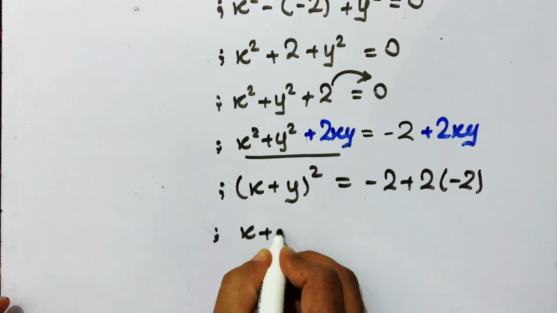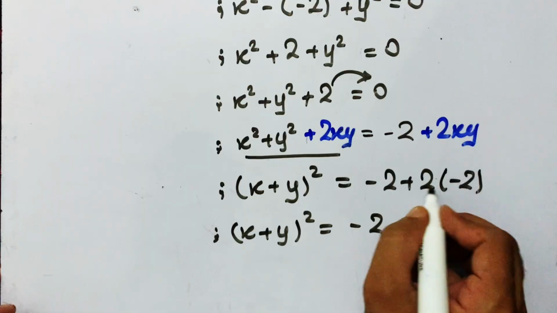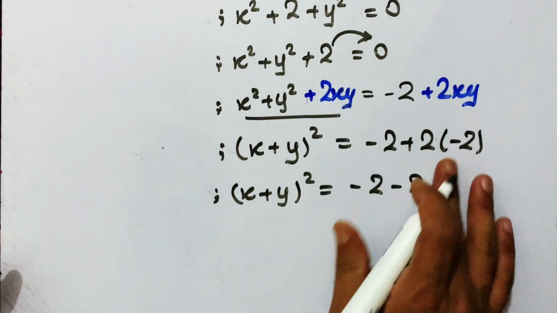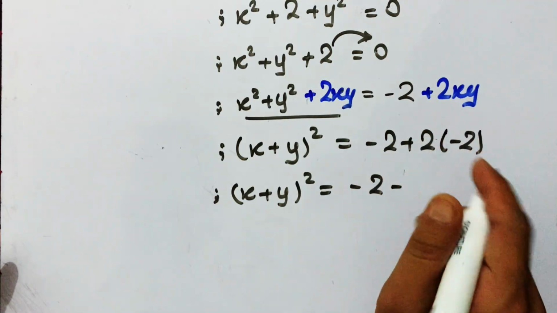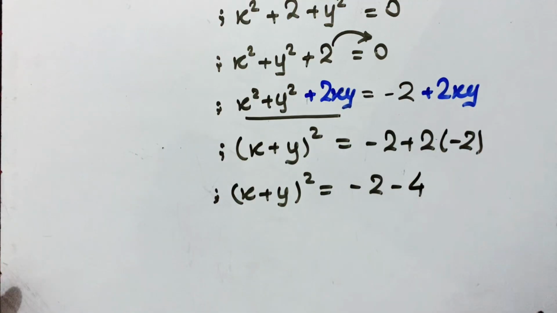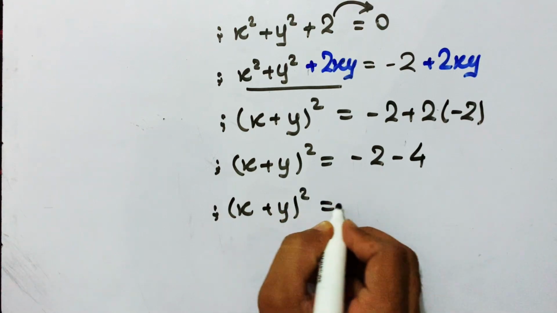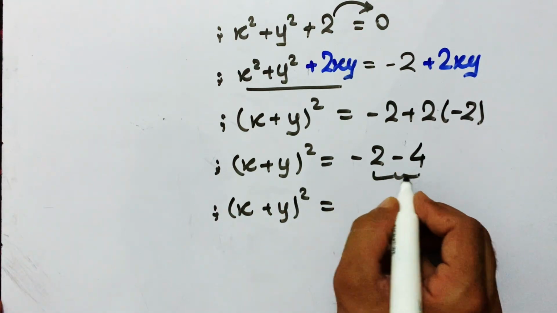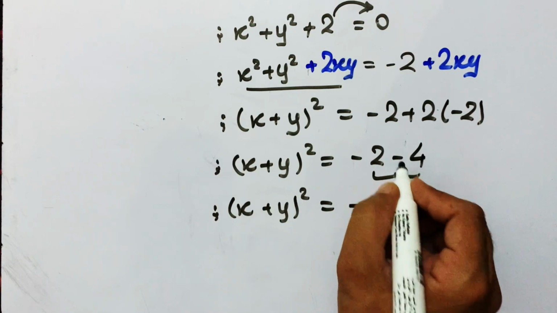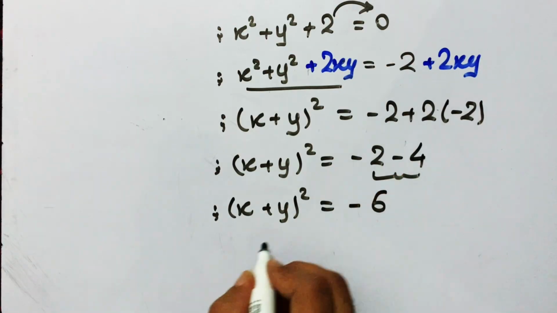So (x plus y) whole square equals minus 2 plus minus 4. Adding these two terms, the big number has minus, so it is a minus term, and 2 plus 4 is 6.